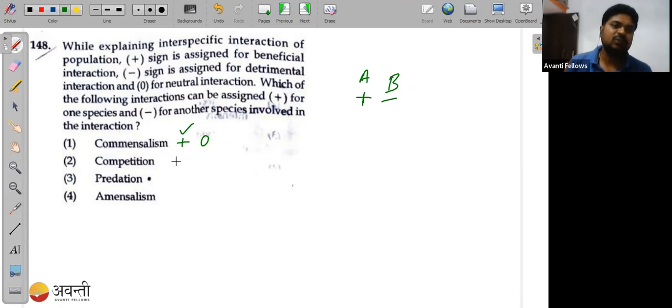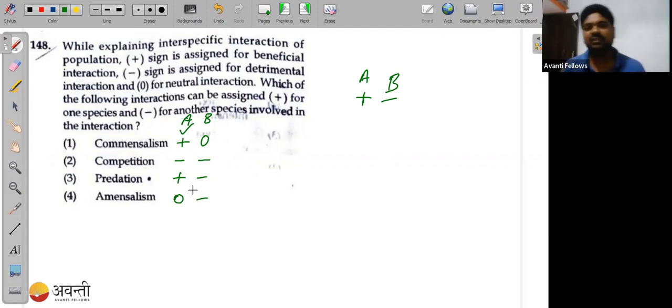Whenever we are talking about competition, there is minus sign. Okay, that means A species also has a loss, B species also has a loss. Whenever we talk about predation, then there is a plus and minus sign. Okay, and whenever we talk about amensalism, के case में one species is not benefited but other species has a loss.